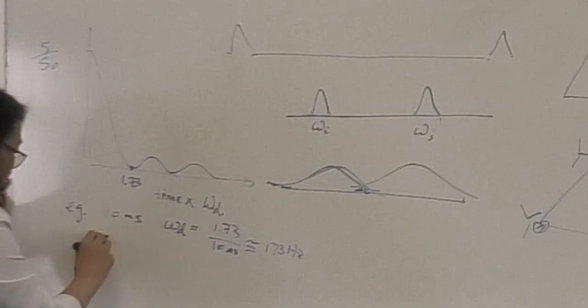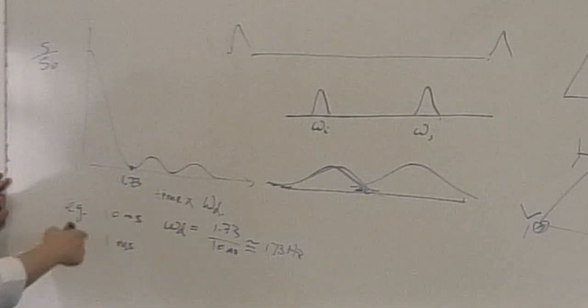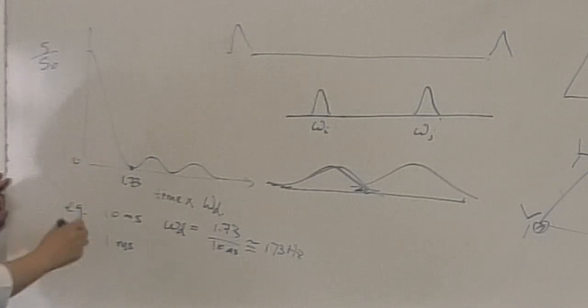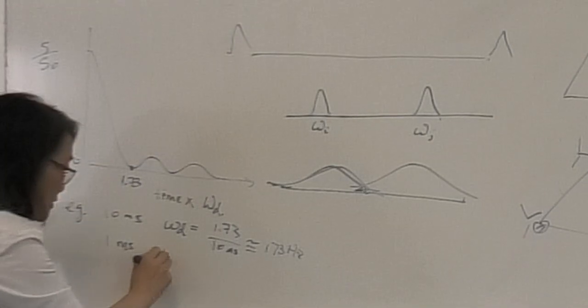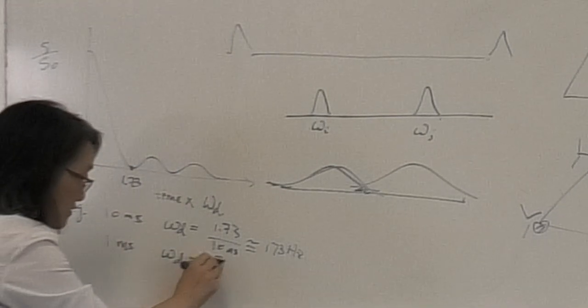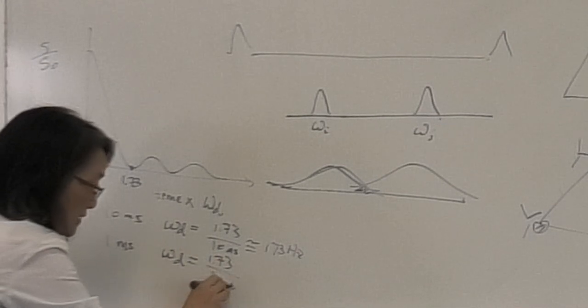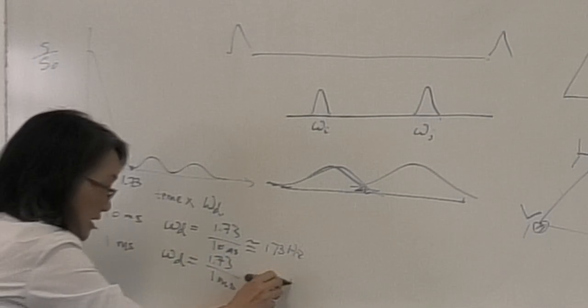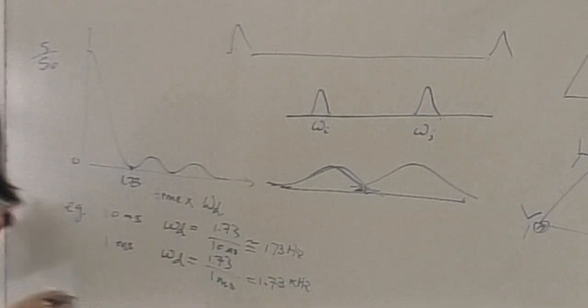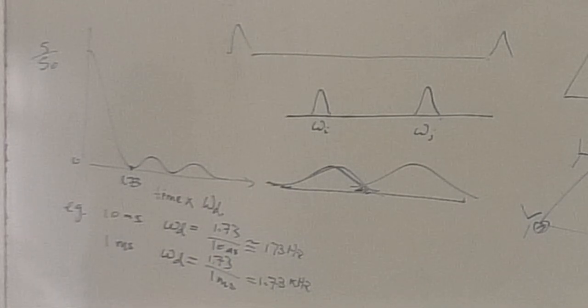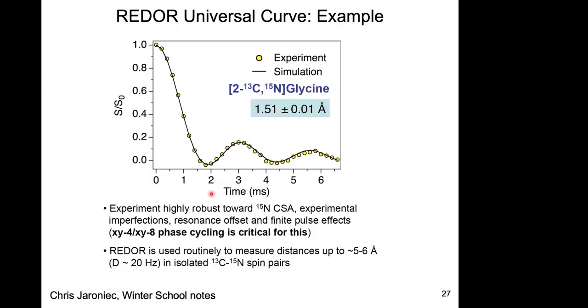If I take only 1 millisecond to decay to almost zero, then you know the dipolar coupling is 1.73 over 1 millisecond. Then this is a 1.73 kilohertz interaction. It's 10 times bigger, right? So when you do experiments, you measure this point-wise as a function of time.